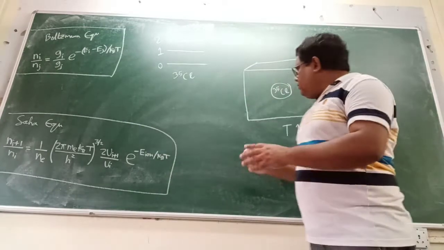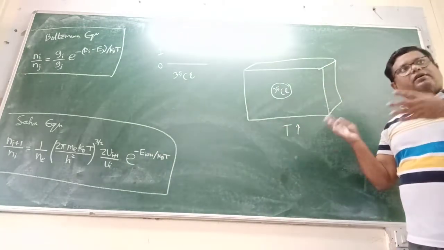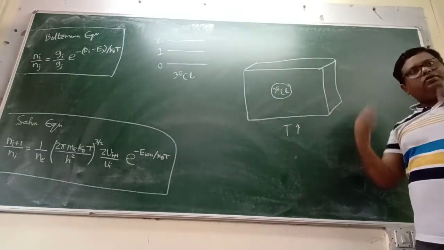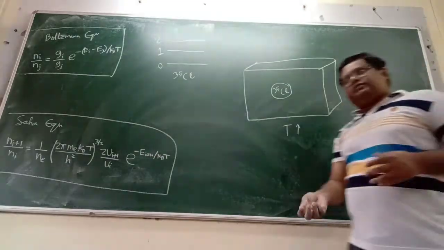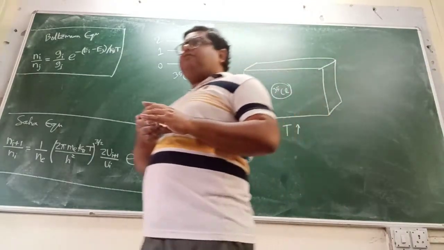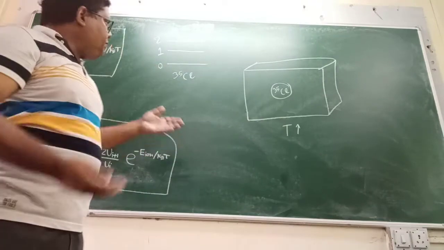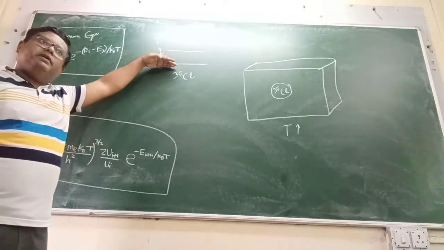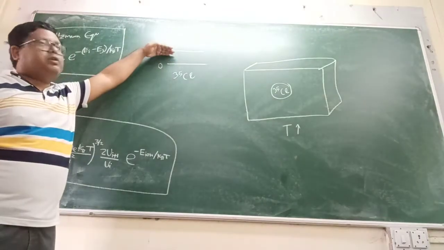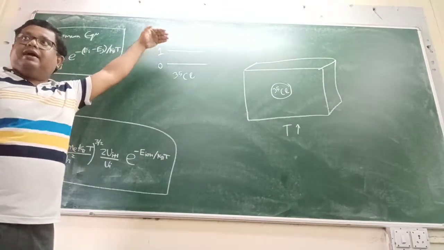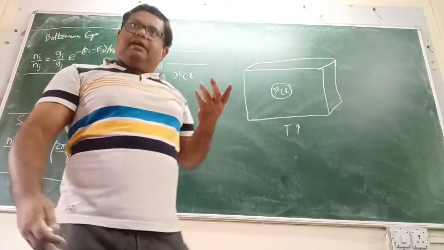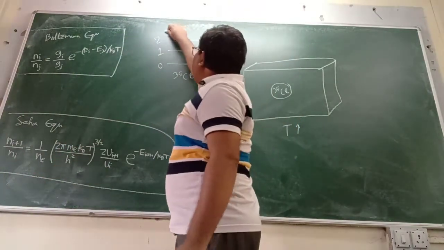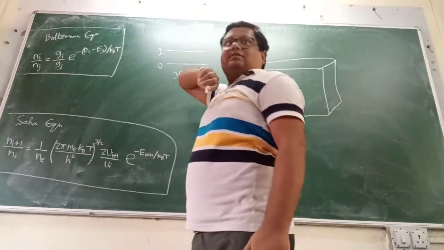Fine. Now, let us look into this scenario. Slowly the temperature keeps on increasing. First, as I have told you, the atom will be in the ground state, then slowly more and more will get excited and so on and so forth. Now, it will happen up to the last excited state.